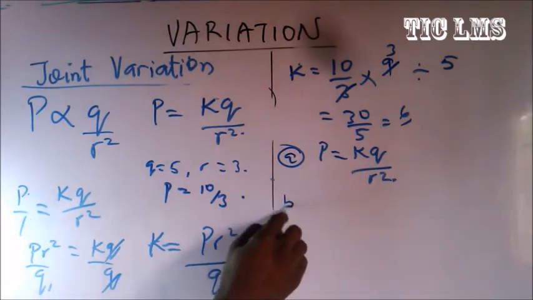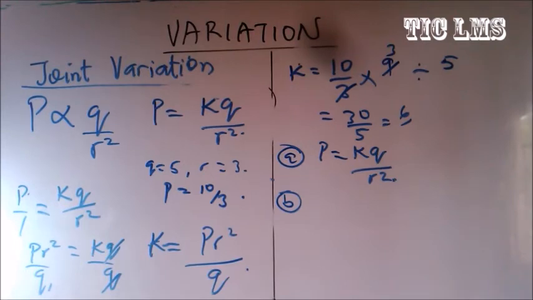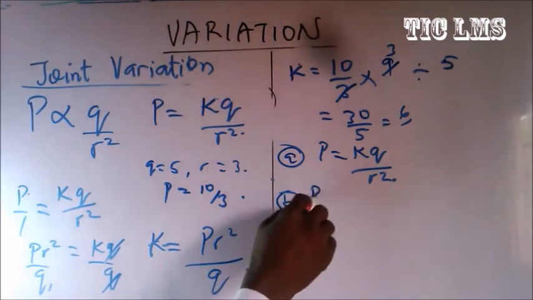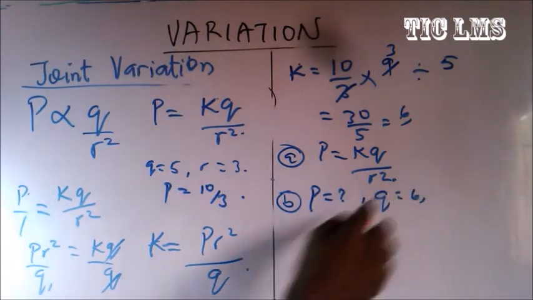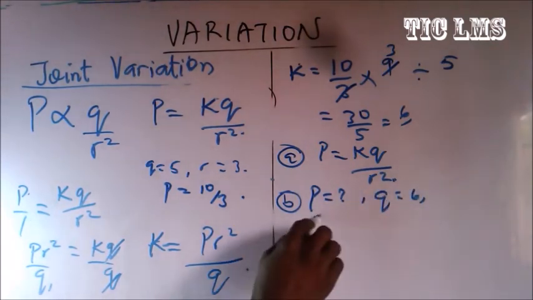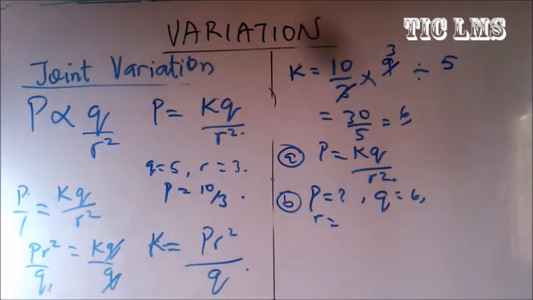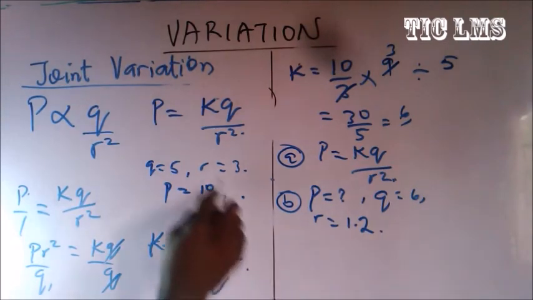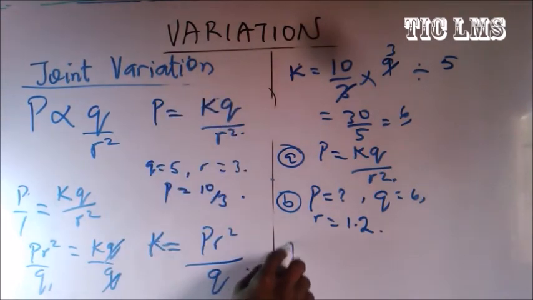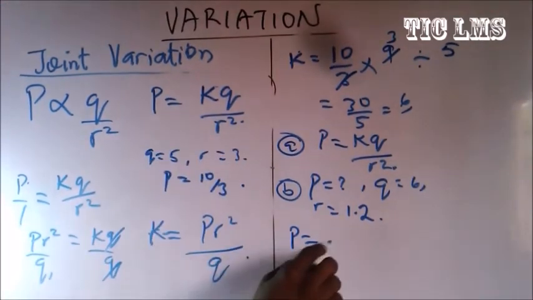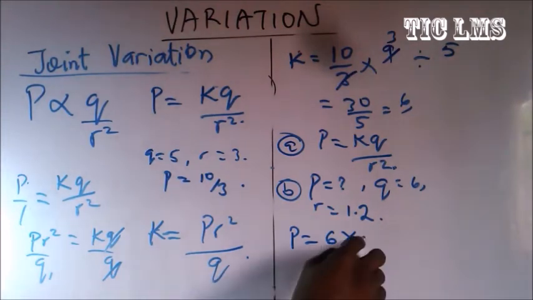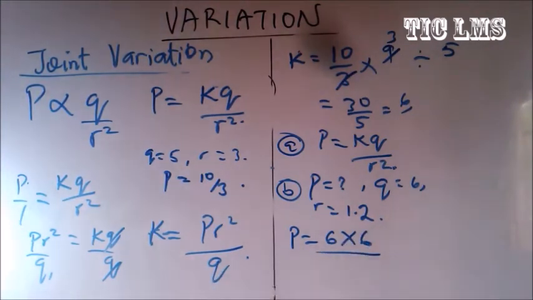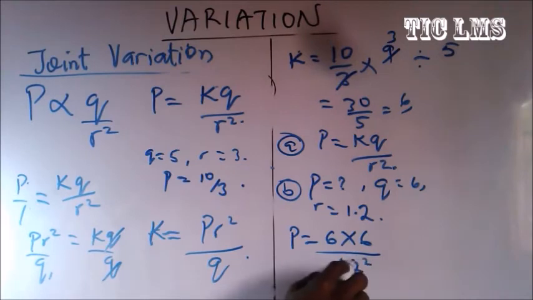Now for the B part, we're now told that we should find P when Q equal to 6 and R equal to 1.2. Now to find that, we will bring the equation where P equal to our K is 6 multiplied by Q, which is also 6, over R squared, which is 1.2 squared.